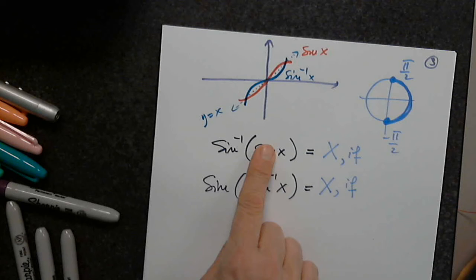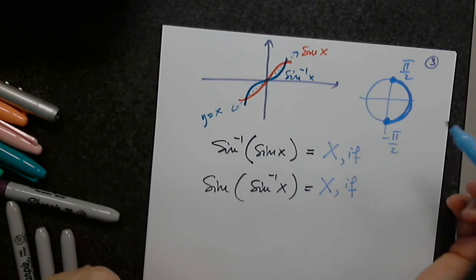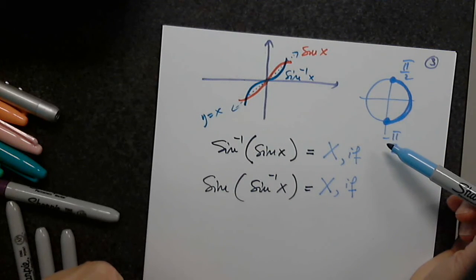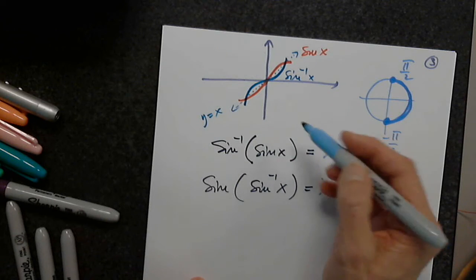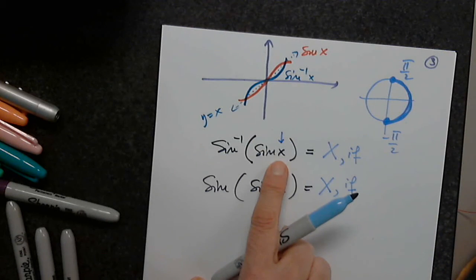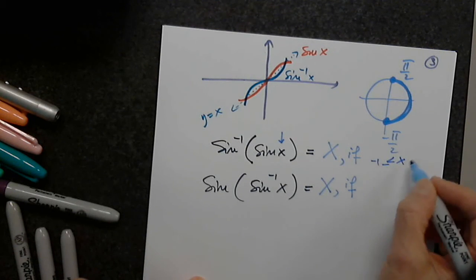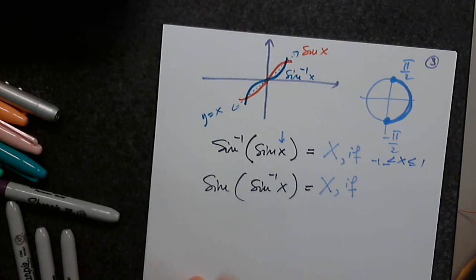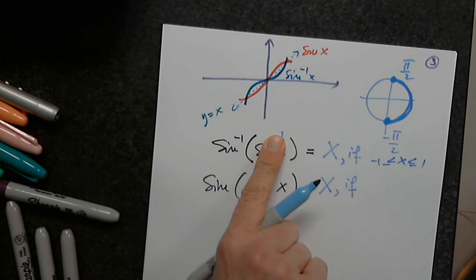So sine inverse applied to sine x will be x only if x is between -π/2 and π/2. Sine here has to be between -π/2 and π/2, and the answer has to be between -1 and 1, because it's sine.